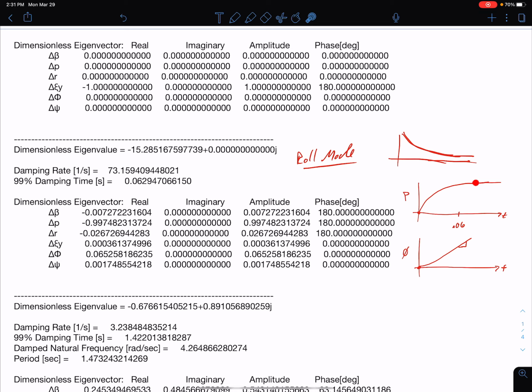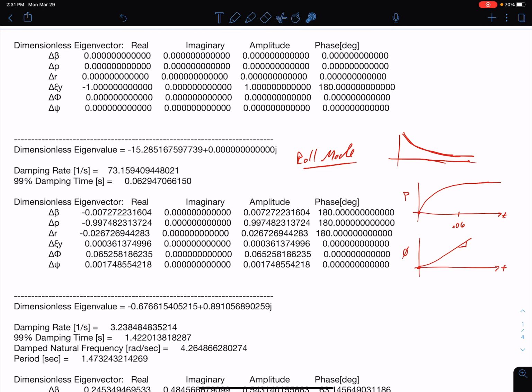Now, the reason the damping is so great here is that it's not common for this to be an oscillatory mode. That's because the wingspan on aircraft is so great that you have so much roll damping.